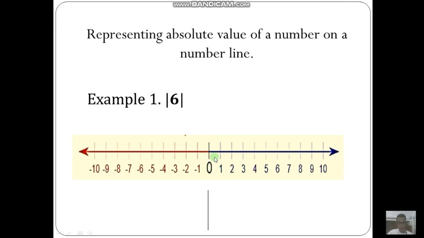Let us count the number of units from 0 going to the indicated number, which is 6. That is 6 units. So therefore, the absolute value of 6 is positive 6.